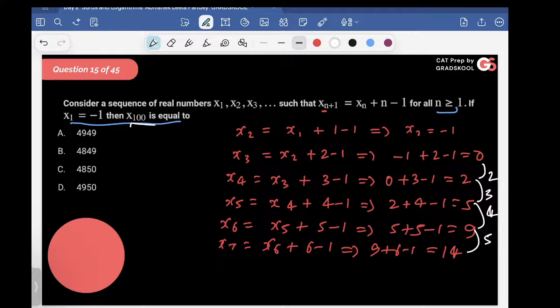So from x3, which is 0, if I want to move till x100, how many steps have I moved overall? 97 steps.